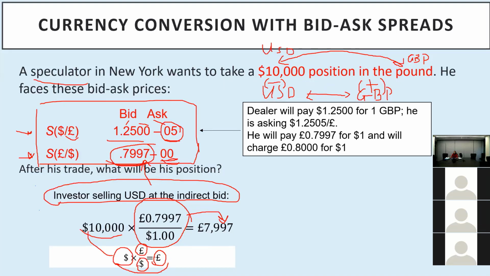Why is that the case? Because these two can cancel each other out, leaving me with the pound. This is a cheap way to think about which exchange rate to use when you do the calculation. I find it very useful to avoid any mistakes.